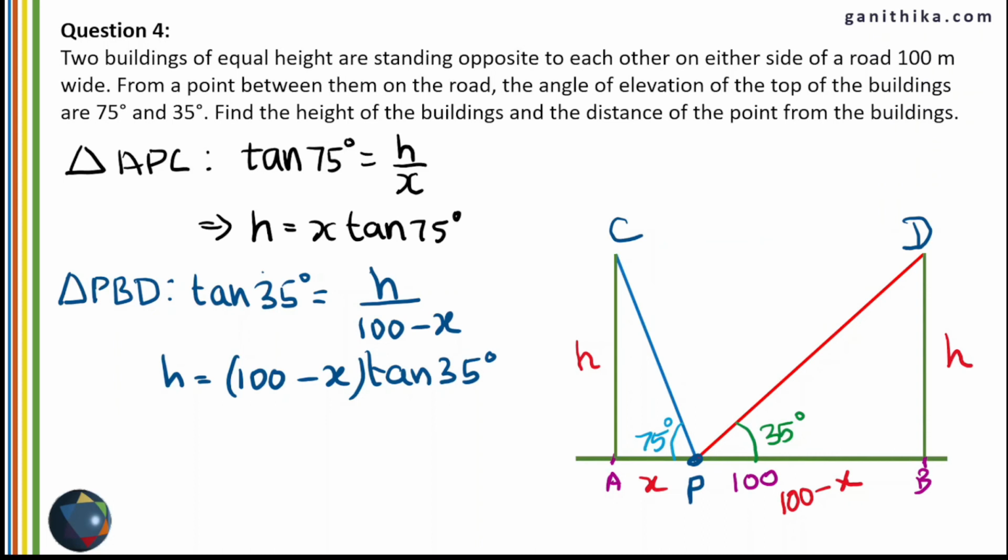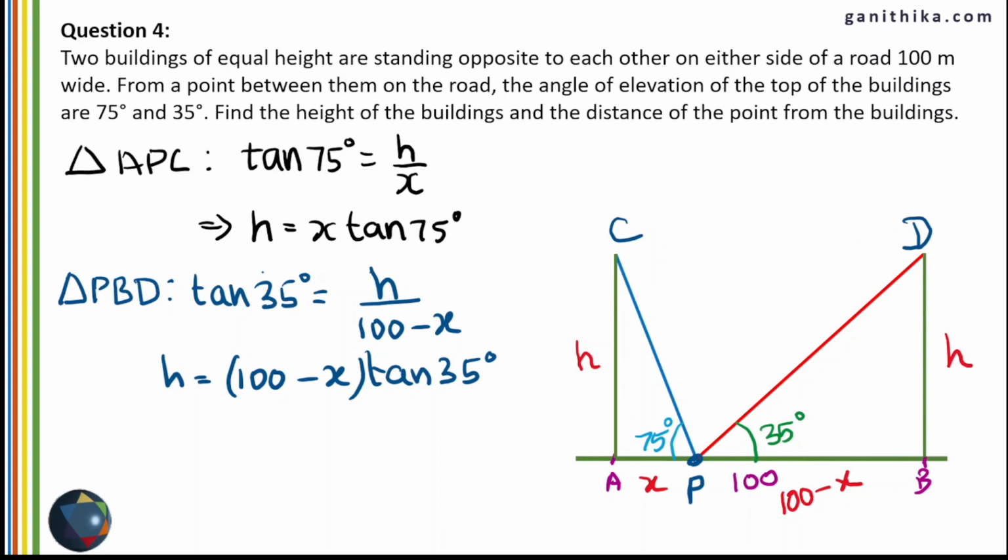Don't simplify tan 75 and tan 35 at this stage, because we will be using these in further calculation. So you will get a more accurate answer if you use it as tan 75 instead of simplifying this into decimal numbers.